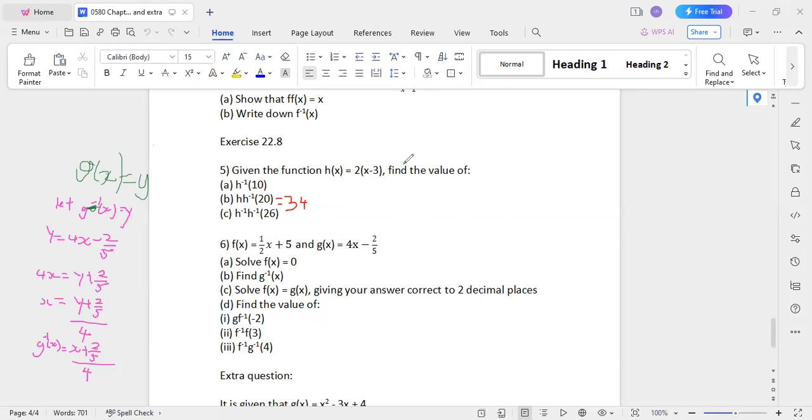Yep, Yinzi is correct. We need to find how to get your F inverse, your composite function.